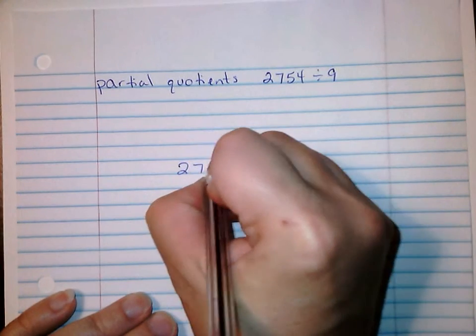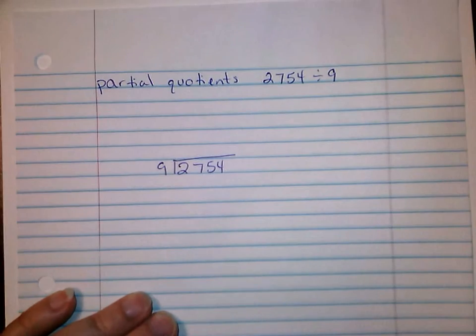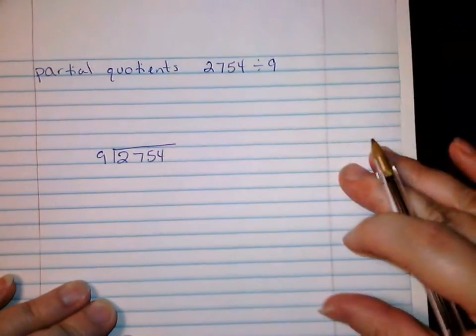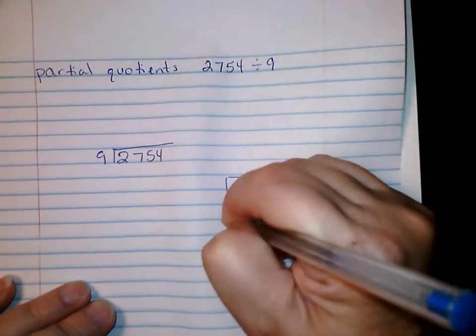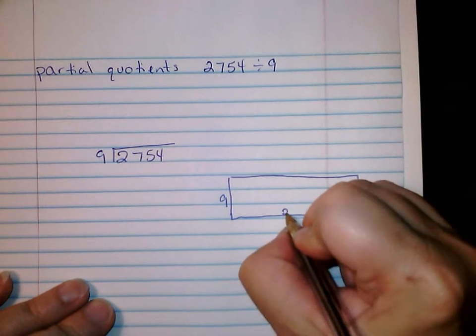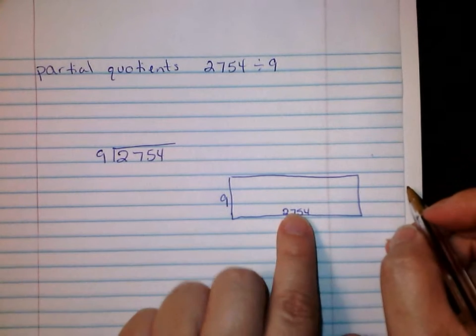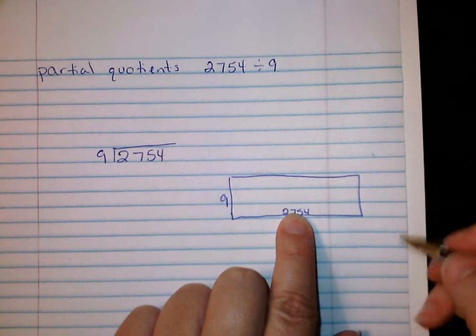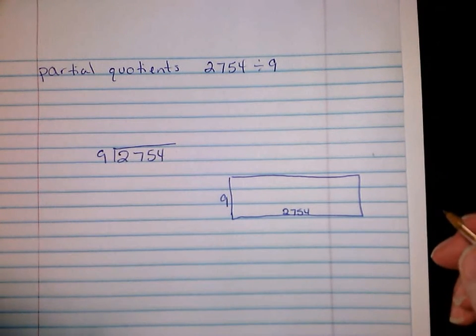I'm also going to show you the area model over here so you can see that we're taking away that total and breaking it up just a little bit differently.